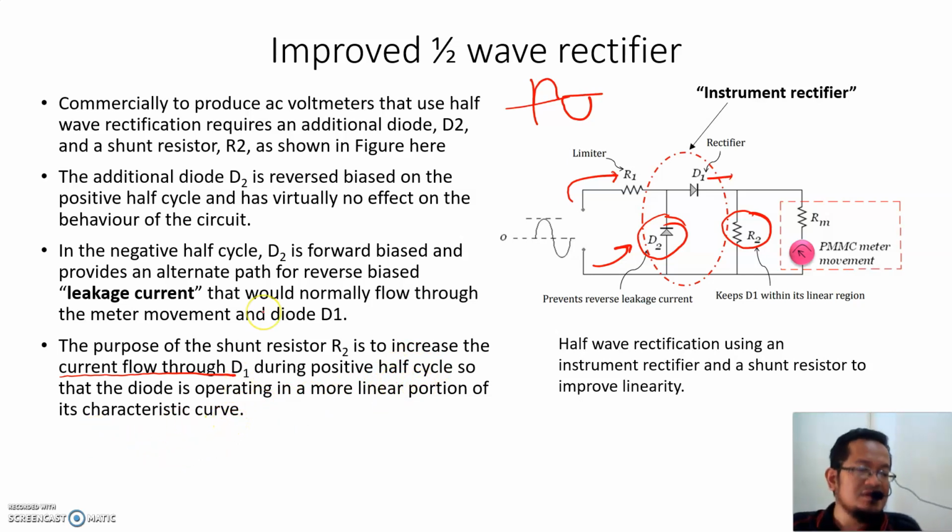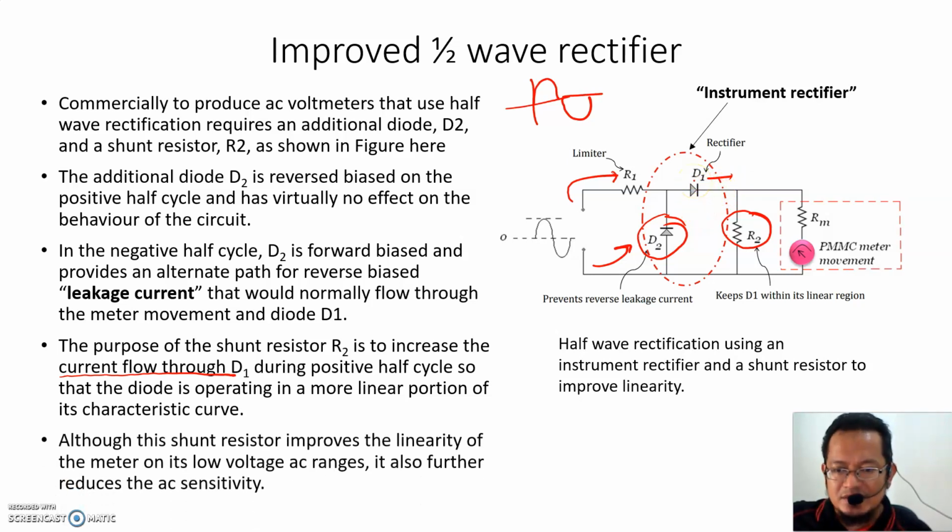As I mentioned before, one limitation is that the diode performs poorly for very low voltage, but if you put R2 here, more current is pushed through D1, and you move away from the nonlinear portion. Although this resistor improves the linearity, it also further reduces the AC sensitivity.